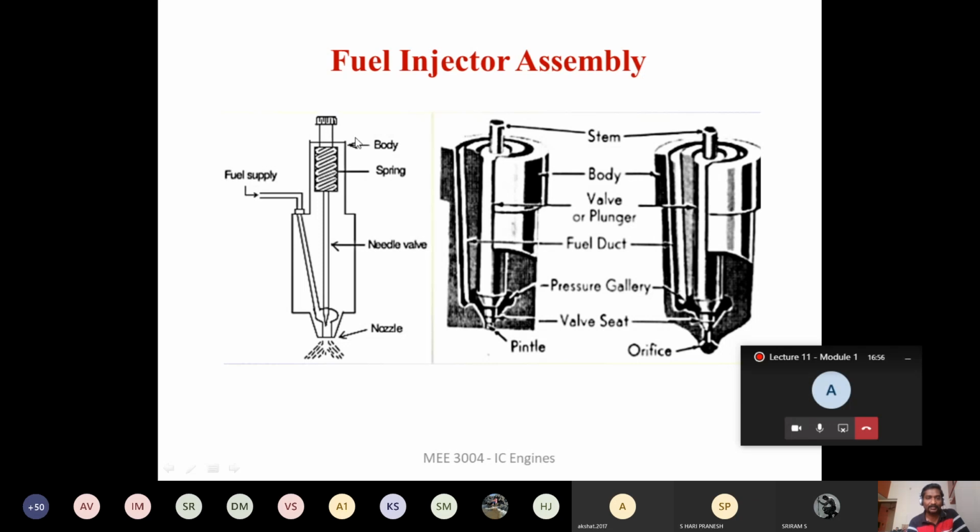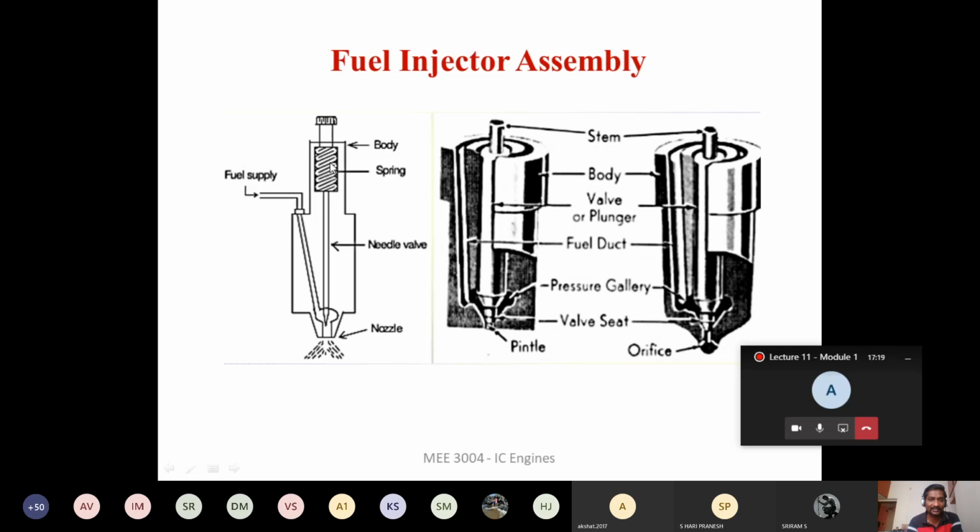Or by this, whereas the closing of the valve is done by the spring. So against the spring pressure only, the valve is going to open. As soon as the power supply for the solenoid valve or to the piezoelectric crystal is stopped, that means it is going to de-energize.